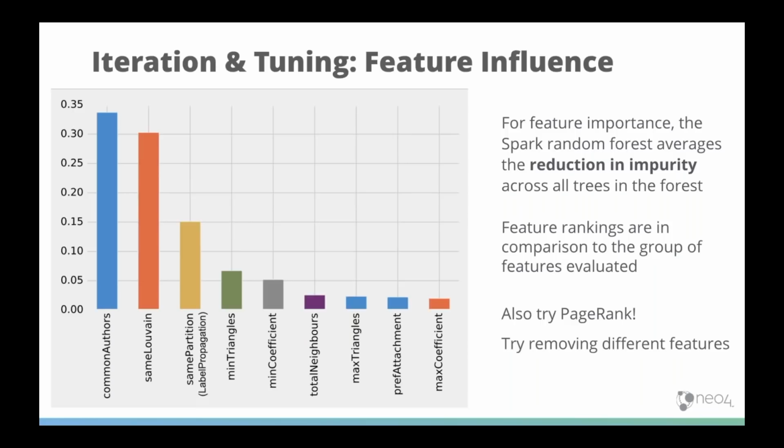If we were tuning this for some kind of application, as Mark said, we might try removing different features and see what happens, because having a lot of features can also cause you to overfit your predictions to just your training set, which makes it hard to apply to other applications. So you might want to try to remove some of the less influential features, or maybe one of the more influential features, and see how the stack rank changes.